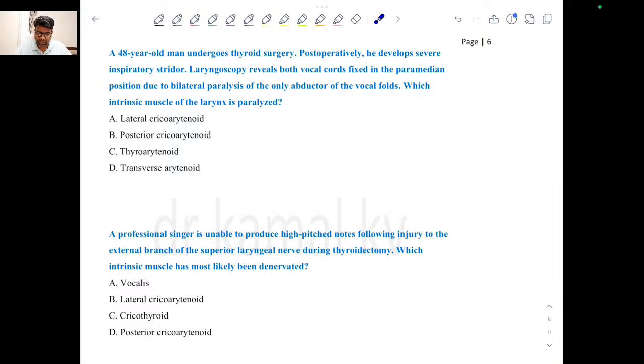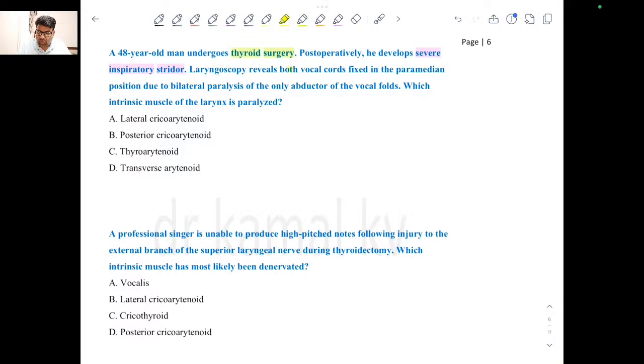Now this question is a FMG question. Here patient undergoes thyroid surgery, but post-operatively there is severe inspiratory stridor, means the patient is breathing and as he is inhaling there is whistling sound, stridor.